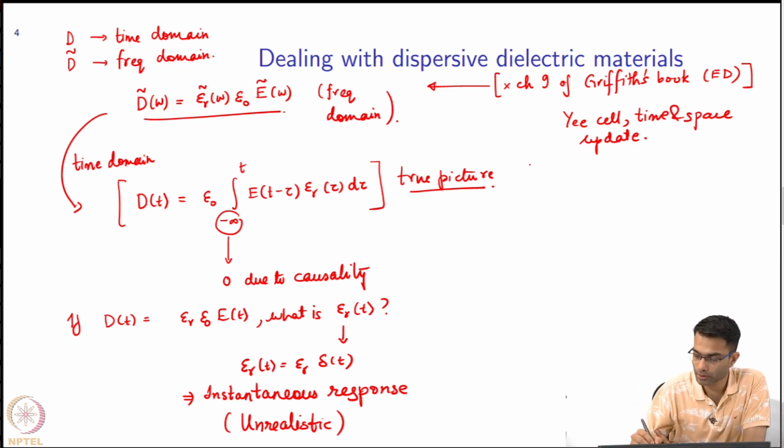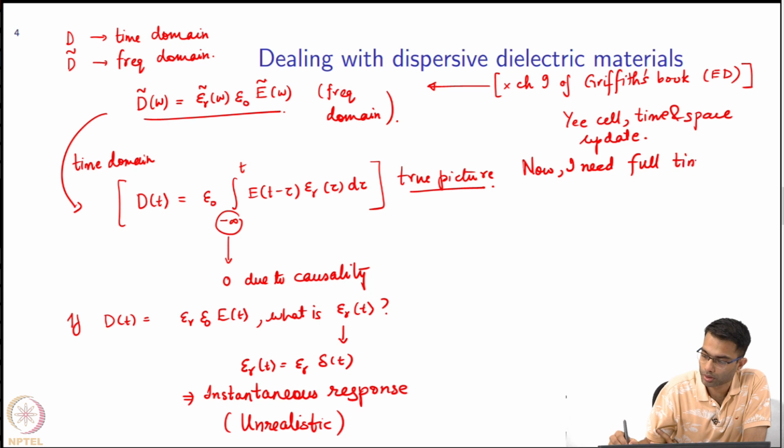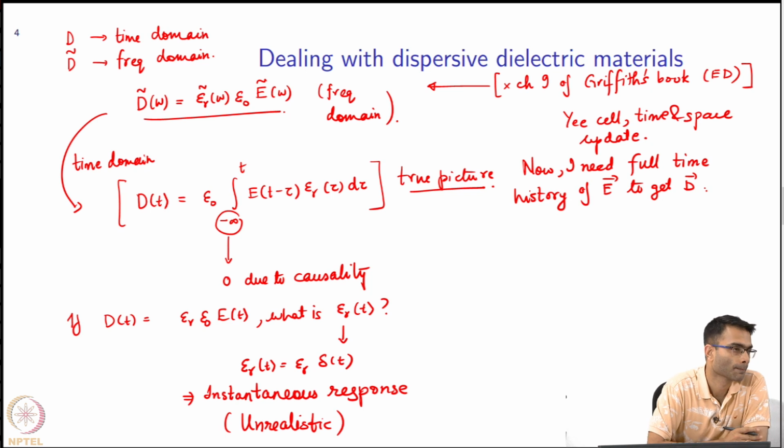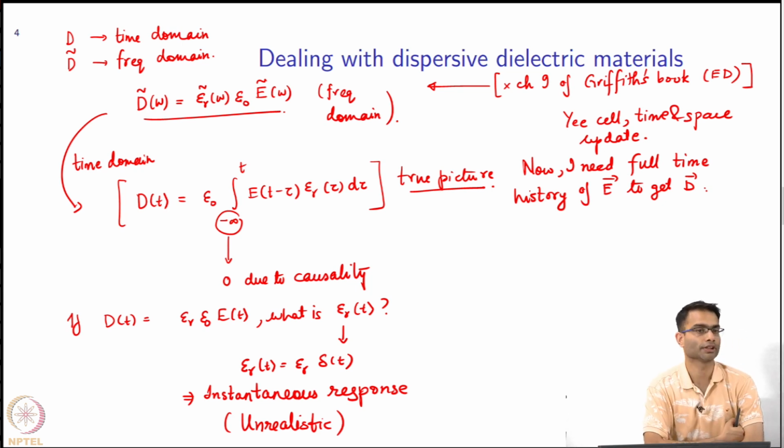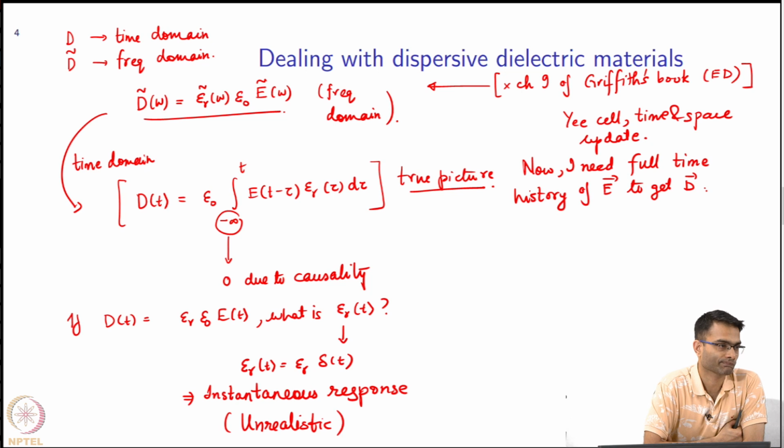So now I need the full time history of the electric field to get the displacement field. If you have some time, you need all of them before. I need everything before, otherwise how will I calculate this integral, right?